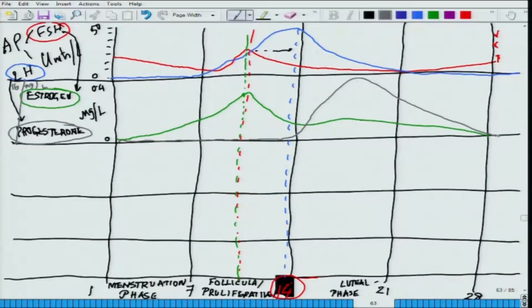Here you see the peak of the luteinizing hormone, and here you see the peak of the progesterone. So, if you look at this cyclicity, the FSH out here, here you have the LH, here you have the estrogen, and here you have the progesterone.